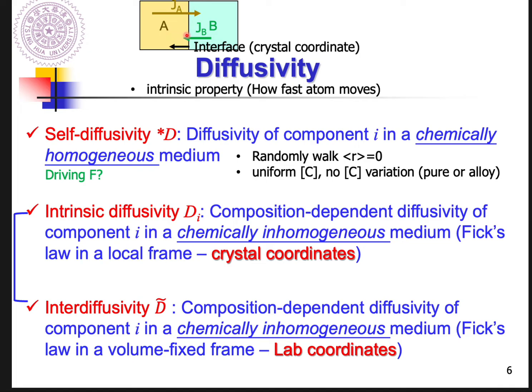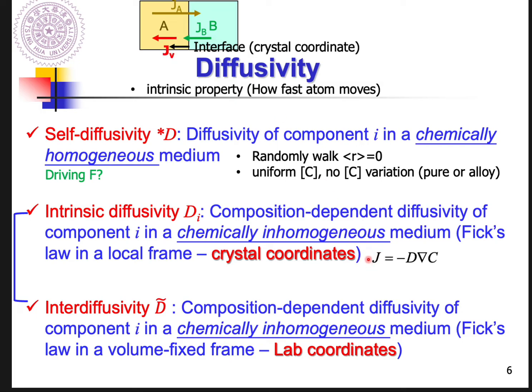Okay, so now what's the intrinsic diffusivity, D_I? That means if you stand on this interface, and the flux you measure while you stand at this interface, divided by the minus concentration gradient, gives the diffusivity.